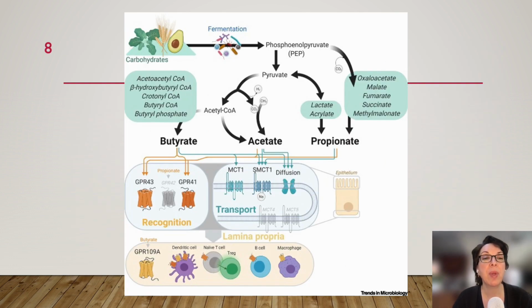And these butyrate, acetate, and propionate, which are short chain fatty acids, are instrumental in the citric acid cycle and in oxidative phosphorylation, as I mentioned, and this is vital to the cell and cell function.